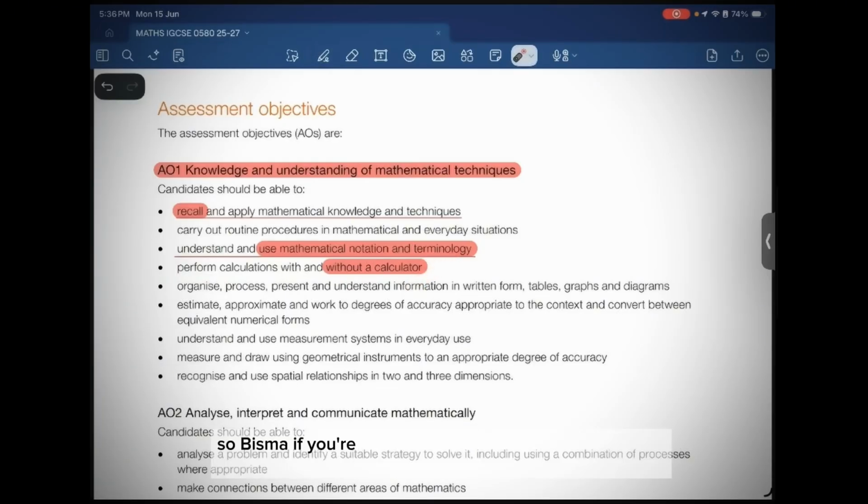So Bisma, if you're using the calculator to an annoying extent, you will automatically find paper 2 difficult because you will feel as if you're under-equipped to sit in the exam. Why? Because you don't have the assistance of the calculator. I don't want you to make the calculator some sort of a crutch, such that you cannot even do math without it.